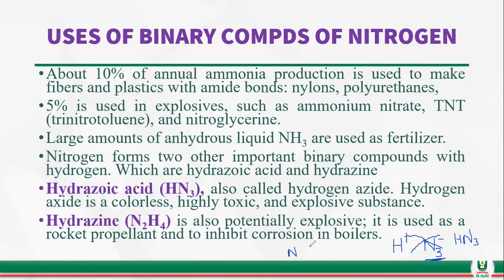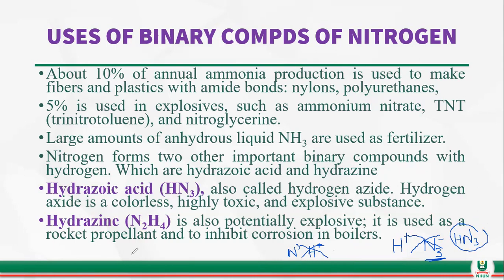So whatever this one is, you remember that the reaction will involve dropping 3 electrons from here, 1 from here, and you have that attraction to form NH3. So HN3 is different from NH3. In NH3, which is ammonia, you have only 1 nitrogen and 3 hydrogen. In HN3, which is hydrazoic acid, you have only 1 hydrogen and 3 nitrogen.